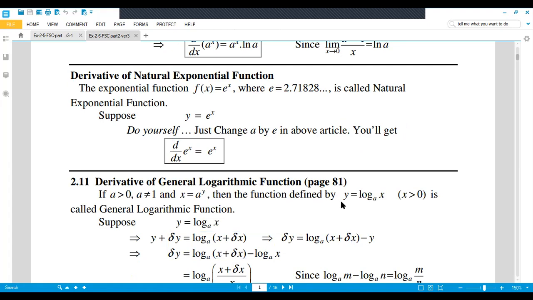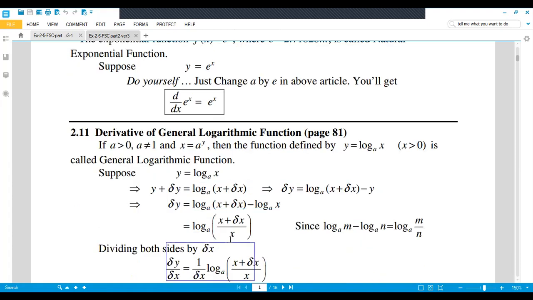So if you have y equals log of x with base a, again with the first principle, delta y is added on the left hand side, and delta x on the right hand side. So y is positive here, shifted to the other side it is negative, put the value of y. You know that if log of some value minus log of another value, you write it in the form of a fraction, in the form of division.